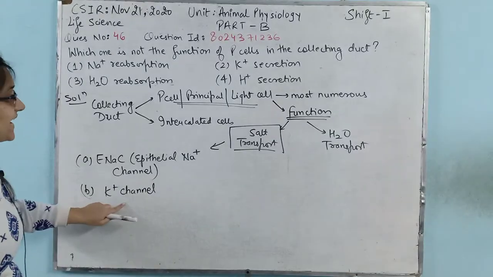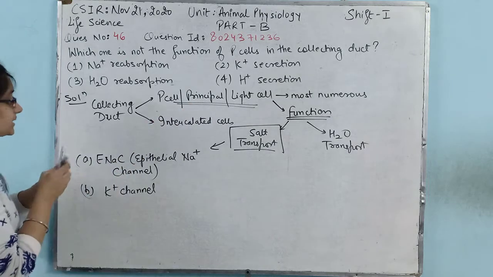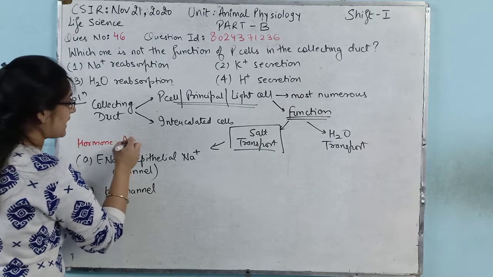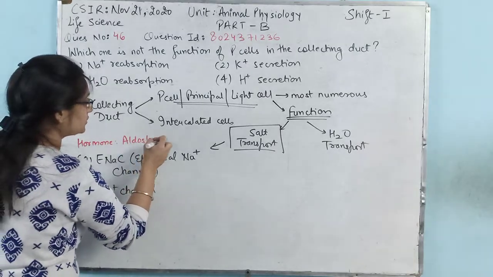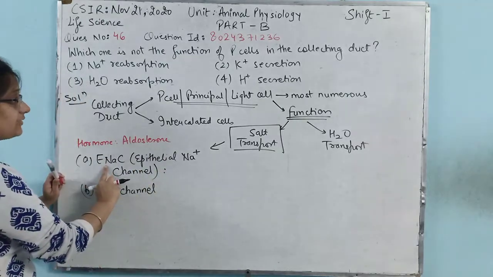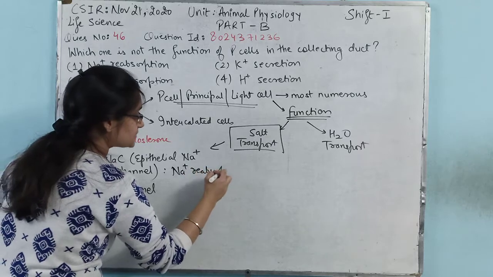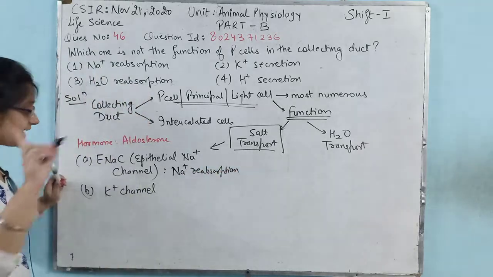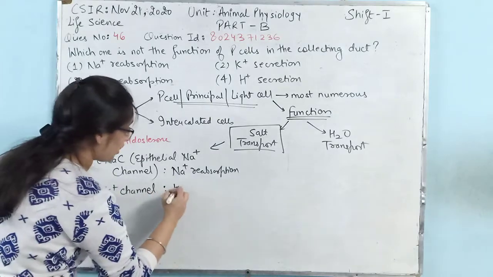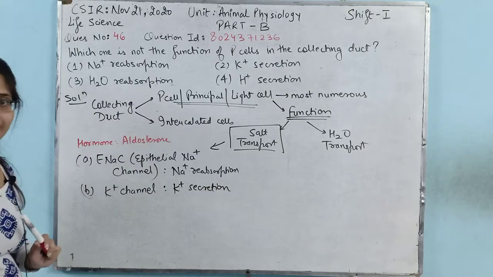These two channels exist in the membrane of the P cells, and under the influence of the hormone aldosterone, the ENaC channel is involved in sodium reabsorption, and via the K positive channel, they are involved in K positive secretion.